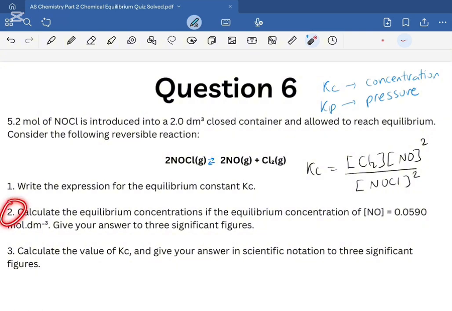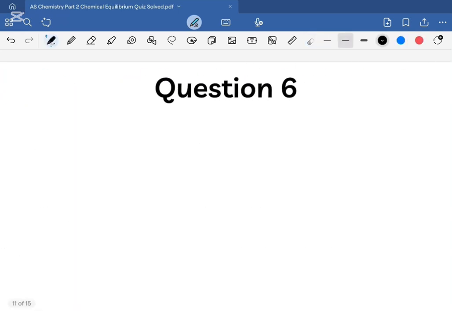So to solve this question, I need, of course, to use an ICE table. The reaction taking place is 2NaOCl gas, with reversible arrows, and I'm going to write 2NO gas plus Cl2 gas.